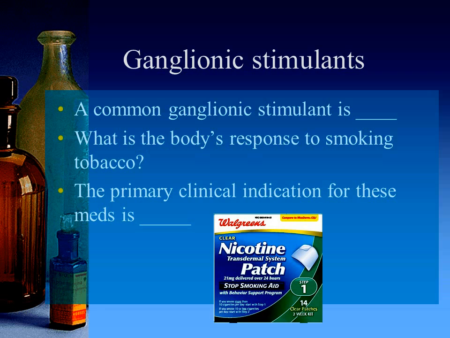So what happens is, I have the patch pictured here, but it comes in a variety of different forms. We actually continue to give them the nicotine, which is the primary stimulant located in the tobacco, but we give it in another form other than smoking.